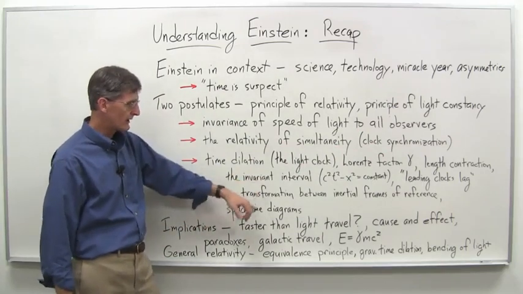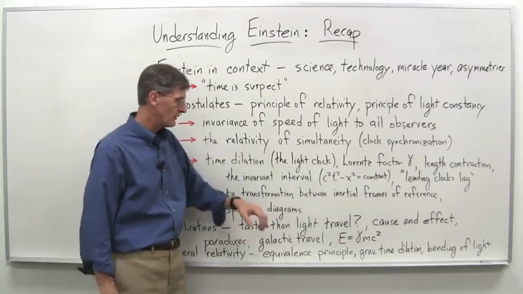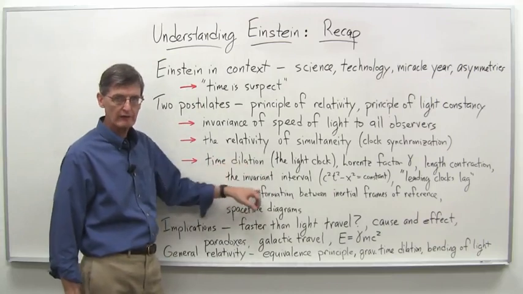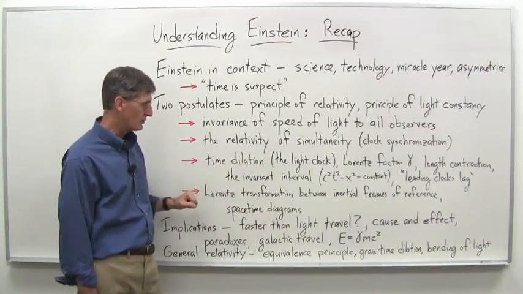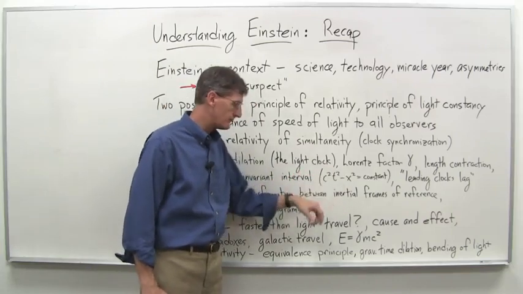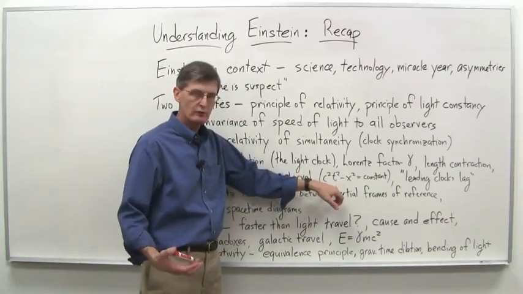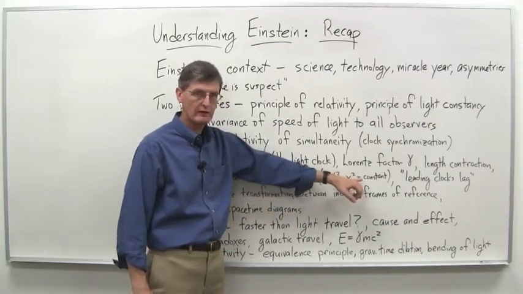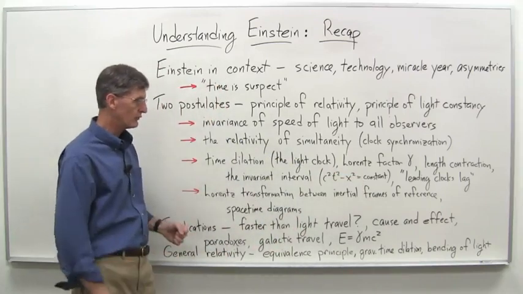The invariant interval, I actually did write down this formula just to remind us. That also came out of an analysis of the light clock thought experiment, and we showed that for all observers, this combination of things from two events in one frame versus another frame, c squared t squared minus x squared, will always be constant, and that allowed us to do a few calculations.